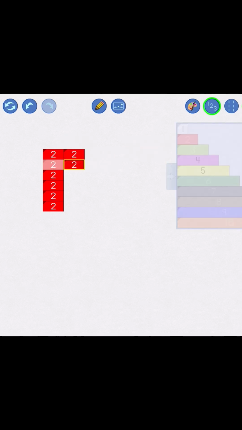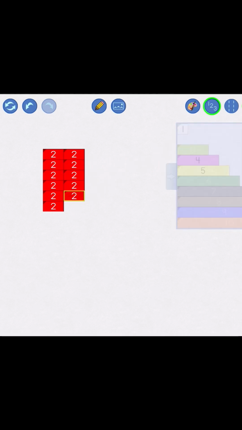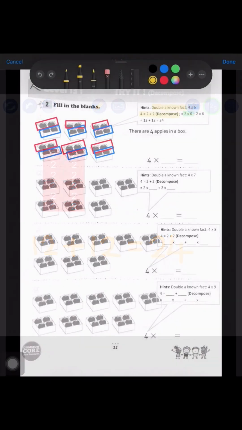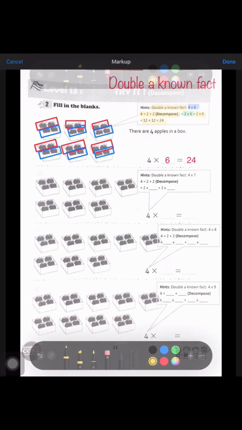So we add 12 plus 12, which is 24. So 4 times 6 equals 2 times 6 plus 2 times 6 equals 12 plus 12 equals 24. So there are 24 apples in total.